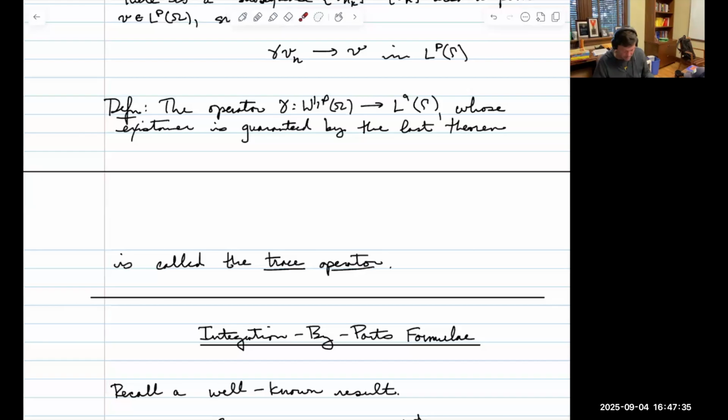It'll be important, and we'll emphasize it from time to time, but it's probably going to fade from your memory because you're just going to think, oh yeah, so H2 functions in this setting definitely have a trace operator. Okay, so the trace operator tells me that boundary values for functions in this class make sense.